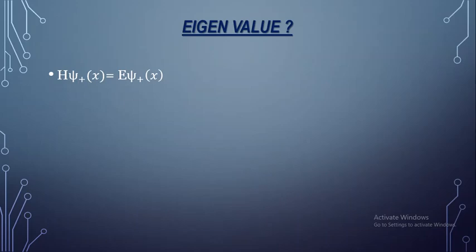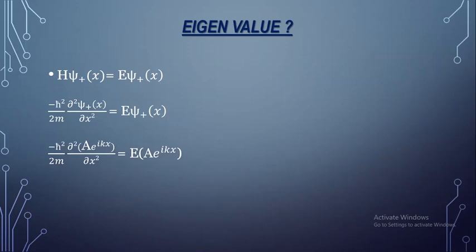Even you can consider the solution xi minus of x; finally you are going to end up with the same. Substituting the value of H and xi plus of x. One thing to remember is we are considering the free particle. That's why V of x will be 0. So H will be equal to minus h cross square by 2m dou square by dou x square.